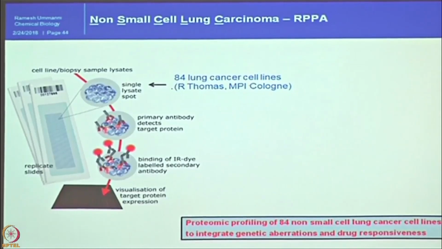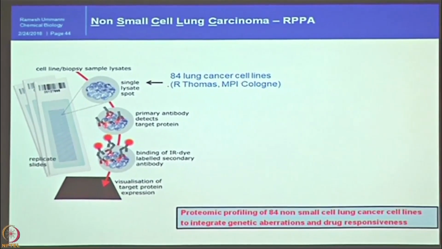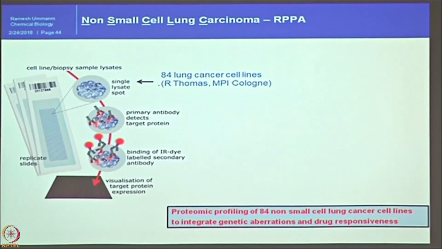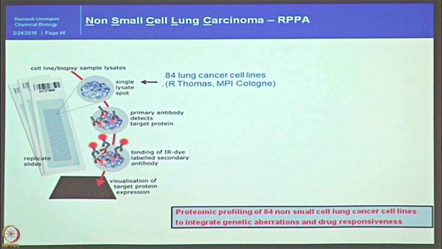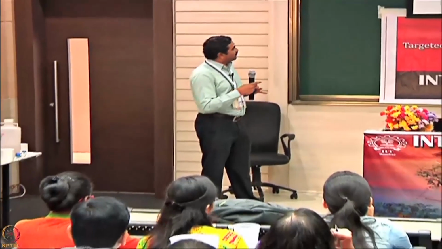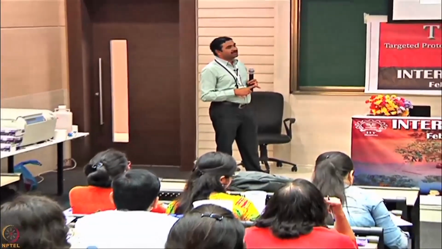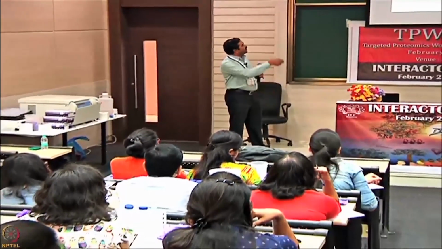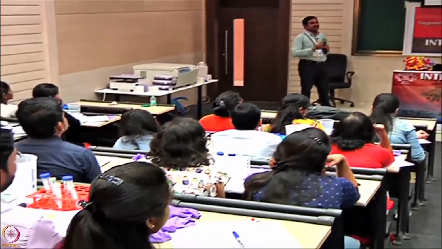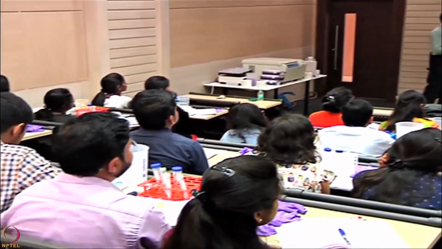Of course, it is very difficult to get patient samples with all possible molecular subtypes, but one group in Cologne, the Roman Thomas group, has established 84 lung cancer cell lines from different molecular subtypes of patients. So we know what kind of mutations they have and all the genomic fingerprints are available, but which pathways are activated or inactivated is not known.